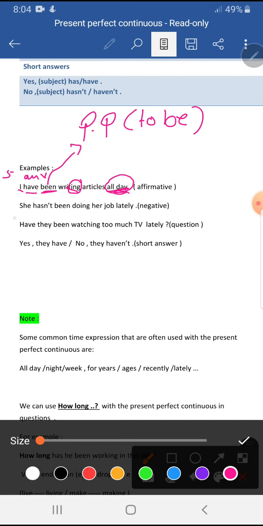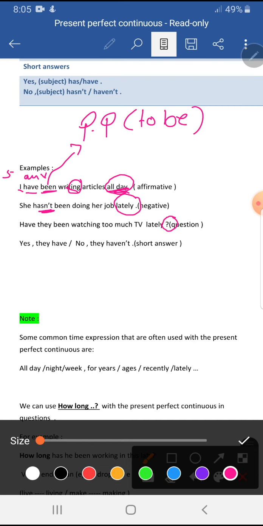هلا in negative, she hasn't. Can you see the not here? So we add not to the auxiliary verb. So she hasn't been doing her job lately. Also lately, this is a time expression. And in question, have they been watching too much TV lately?